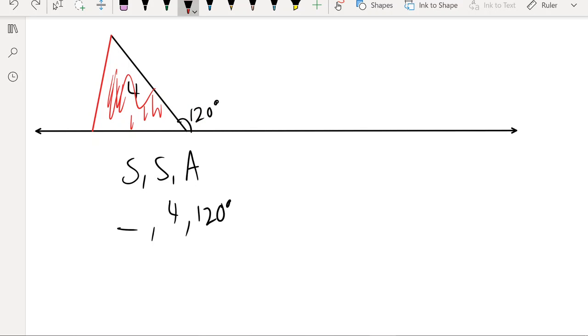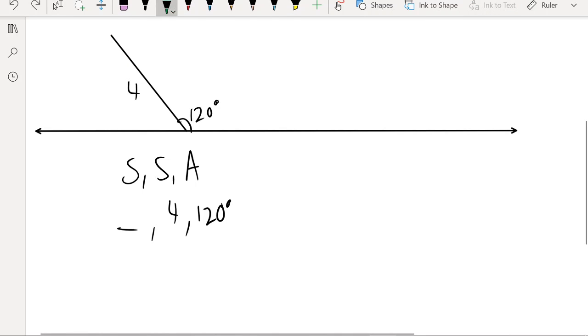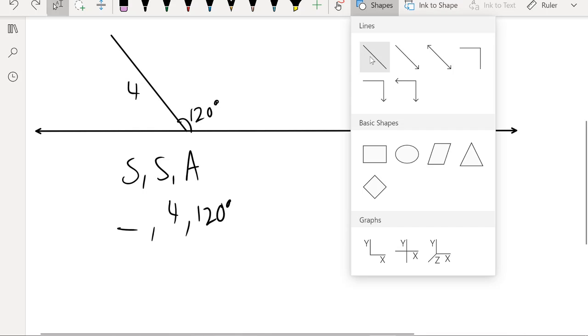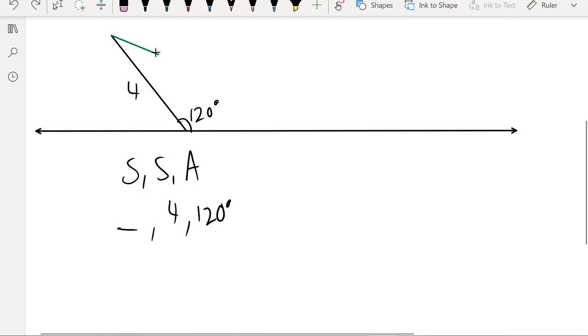I have to connect so that it goes from the tip of this out to here somewhere on the right-hand side in order for me to close in that 120-degree angle so that it's an actual interior angle of the triangle, which is what they tell you. They tell you, hey, I have this interior angle of the triangle that's 120 degrees. That's your given information. So it has to be on the right-hand side for this to work.